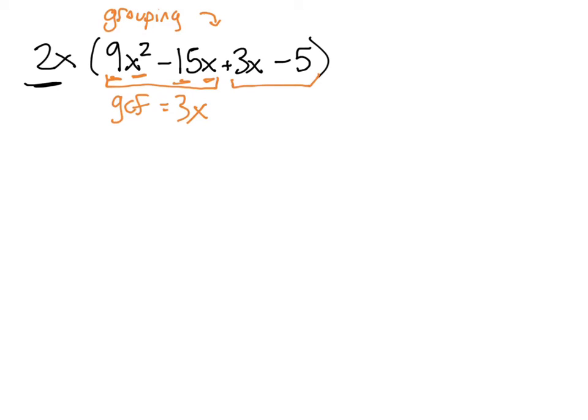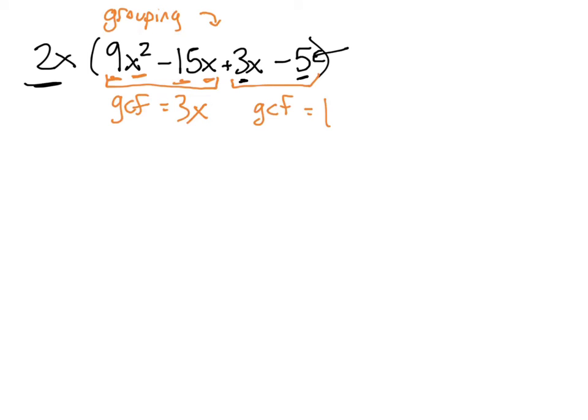In our second set of terms, there is no x in the negative 5 here, so x is not going to be a common factor. And if we look at the coefficients here, there's actually not really a common factor of 3 and negative 5 either. So in that case, we're not really going to divide by anything other than 1.